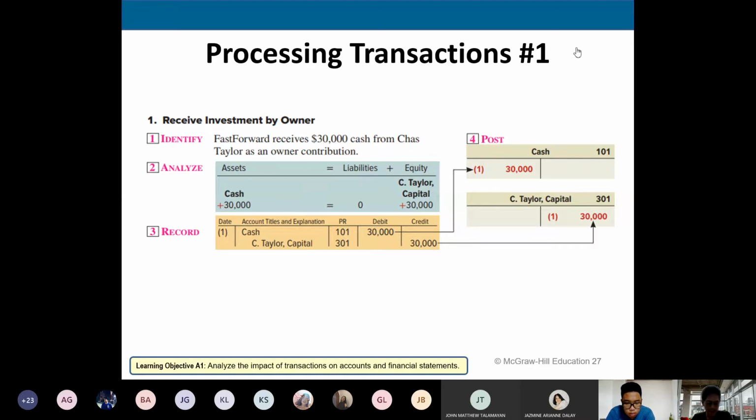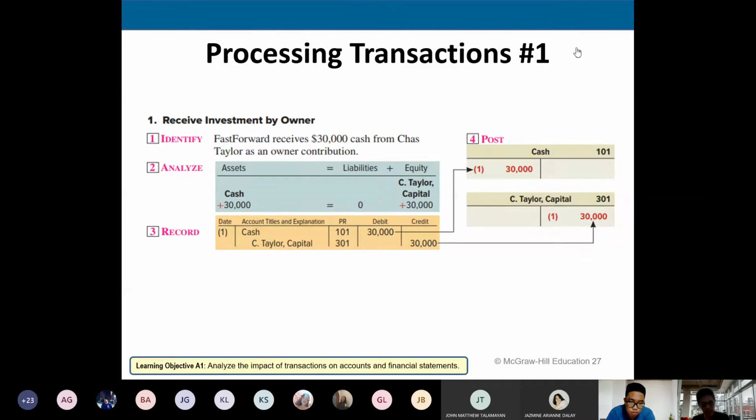Anong effect? Pag nag-increase ang asset, mag-increase din ang equity, because these two elements have a direct relationship. What specific equity element ang i-credit mo? Since investment yun, capital tayo, or owner's capital.